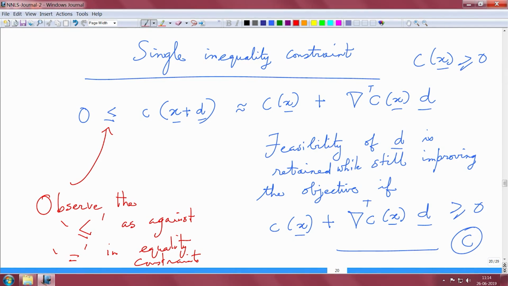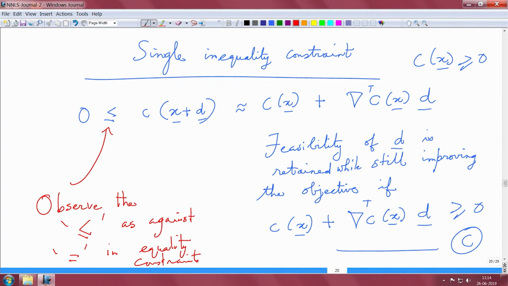You have to notice the change in the inequality that is appearing here against the strict equality constraint that we had when we looked at just a perturbation around x, right, a direction which just perturbs around x.